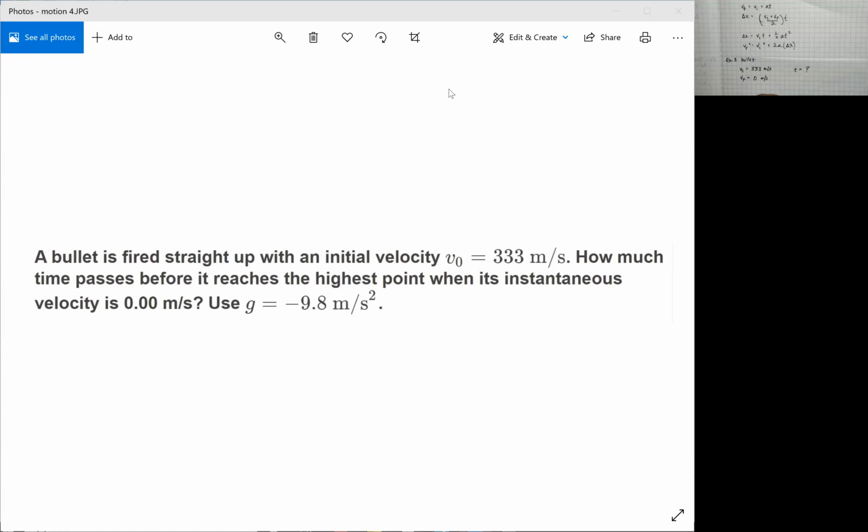Remember, what we're dealing with is a bullet being shot straight up into the air. When the bullet changes direction, that is actually a velocity of 0 because we're going from a positive velocity and then switching directions and going to a negative velocity. So in between positive and negative is always 0.